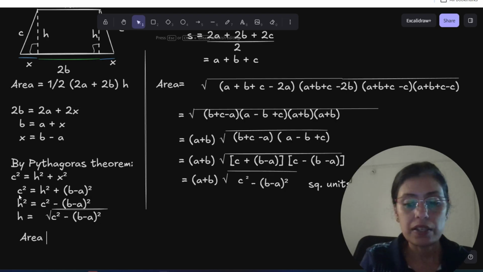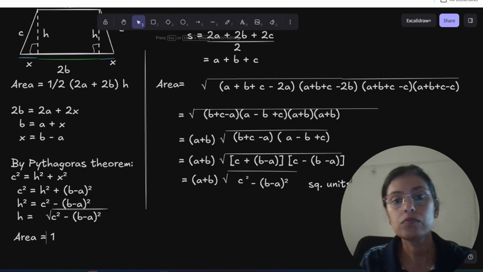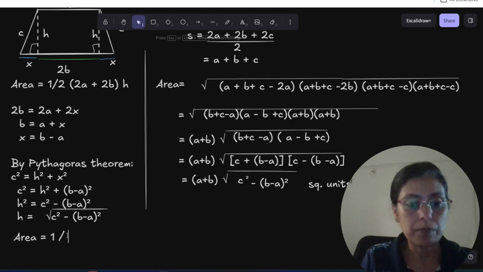So then in this case, area will be 1 by 2 of 2a plus 2b into h.